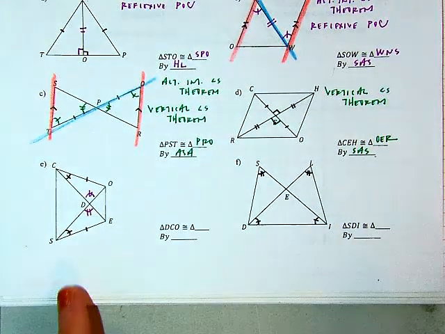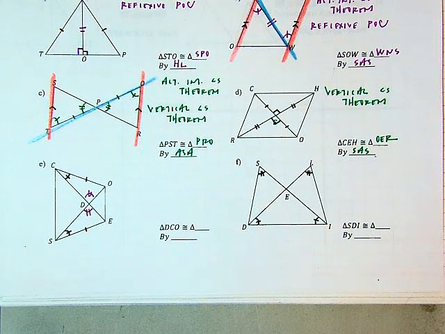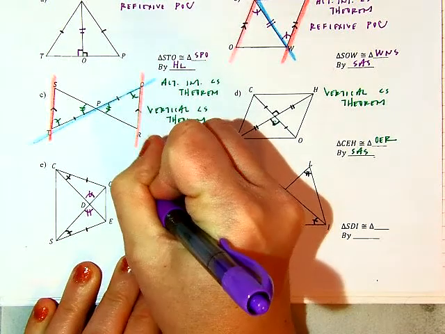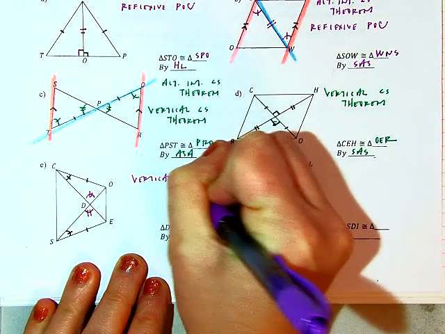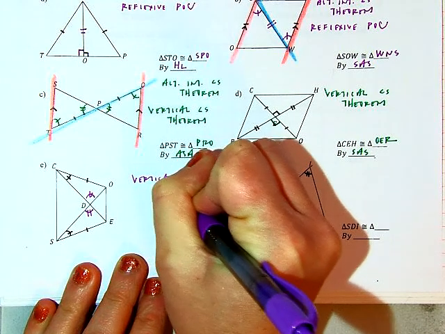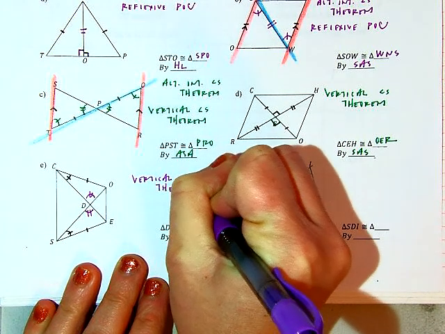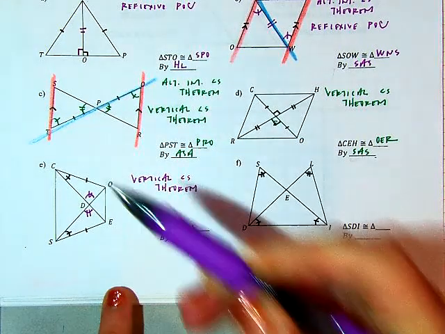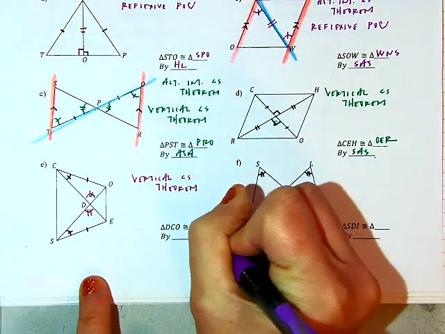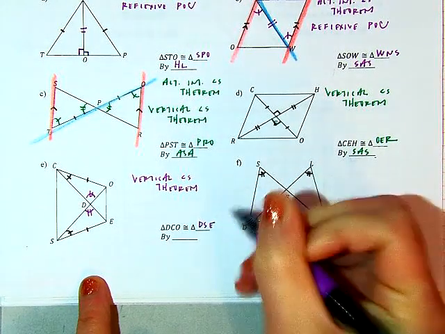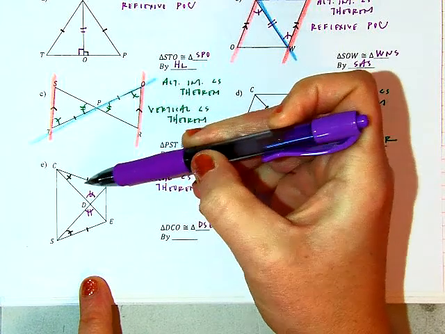It's a common reason that we use to make connections. So I can see that those vertical angles are congruent. So this would be the vertical angles theorem. And when I named the first one DCO, the second one would be DSE. My reason is angle, angle, side.